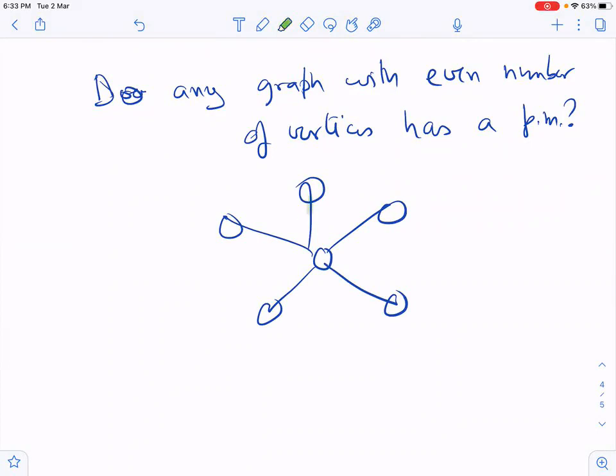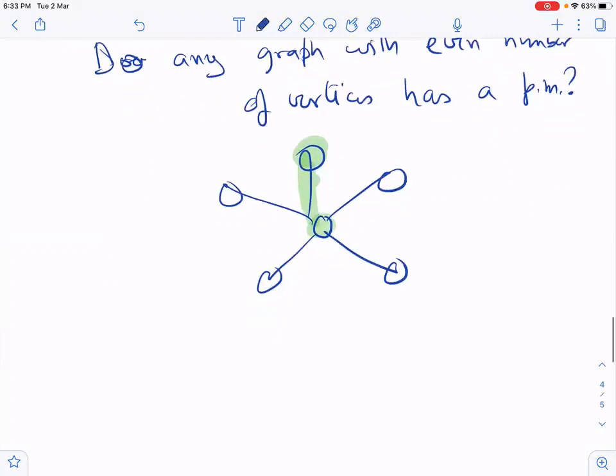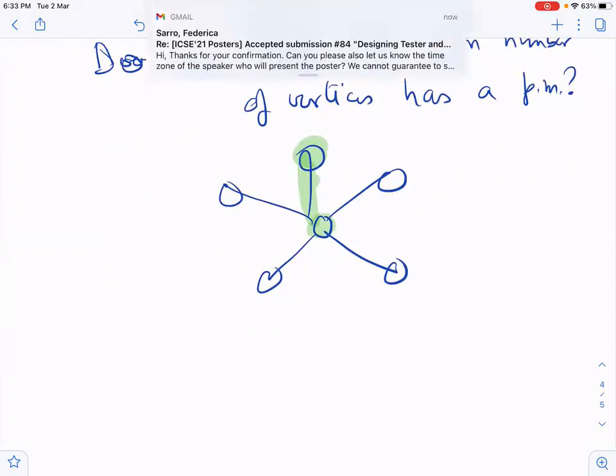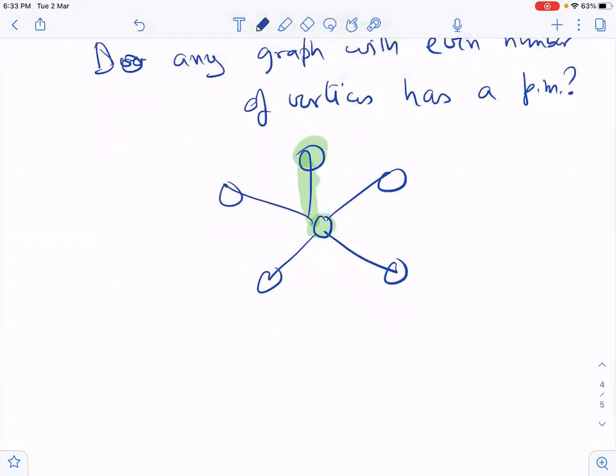Say I take this edge as one of the matched edges. That means this vertex gets matched, this vertex gets matched, but then the remaining set of vertices are not matched or cannot be matched. Okay. So there are lots of graphs for which there cannot be a perfect matching.